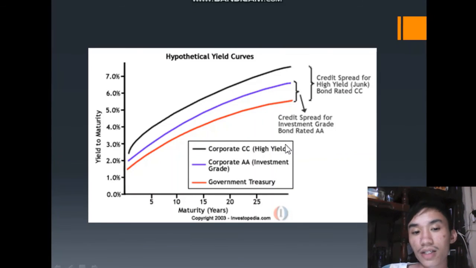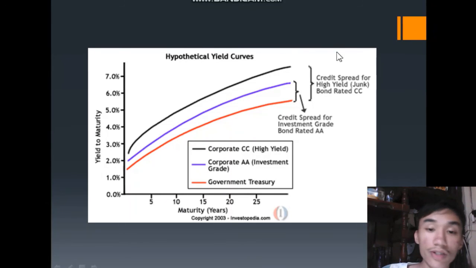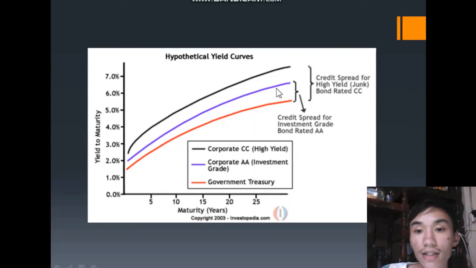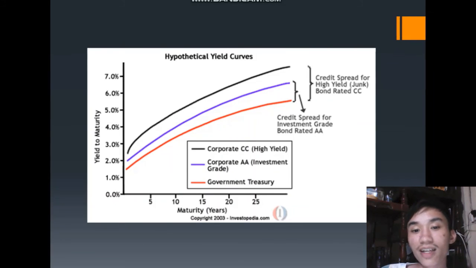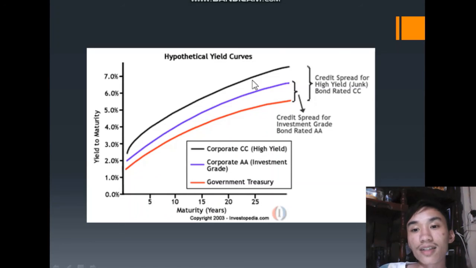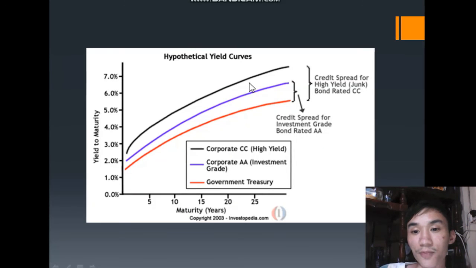So for government treasury, this is a normal type of yield curve, and we can see that a corporate AA investment grade type of bond has more risk than that of the government treasury, but less risk than the types like the junk type of bond rate.